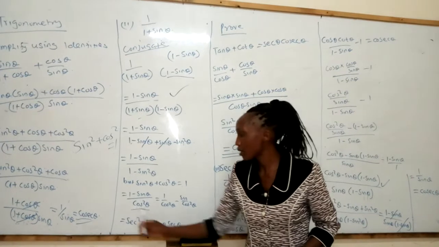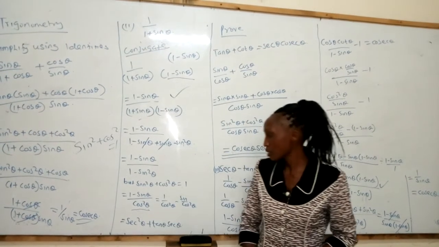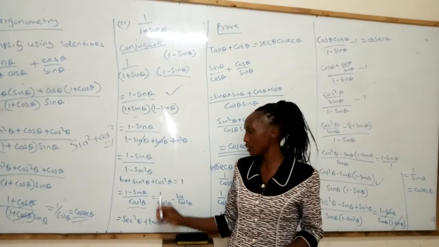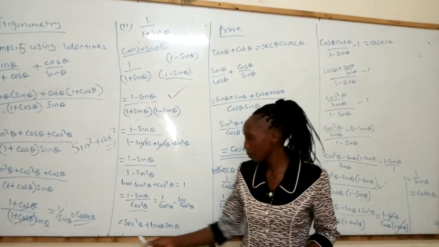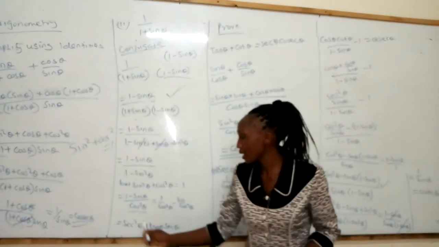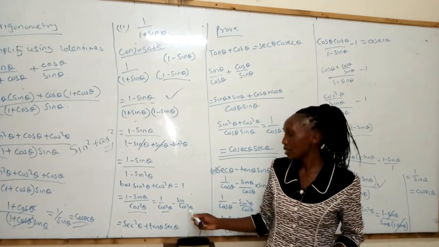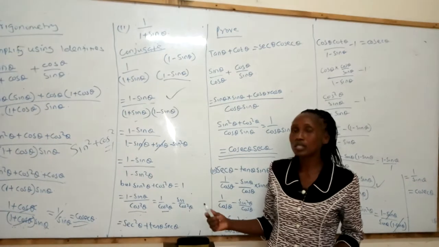We have 1 over cos squared theta, minus sine over cos squared. Using the reciprocal identity, 1 over cos is sec, so 1 over cos squared is sec squared theta. For sine over cos squared, remember that sine over cos is equal to tan.